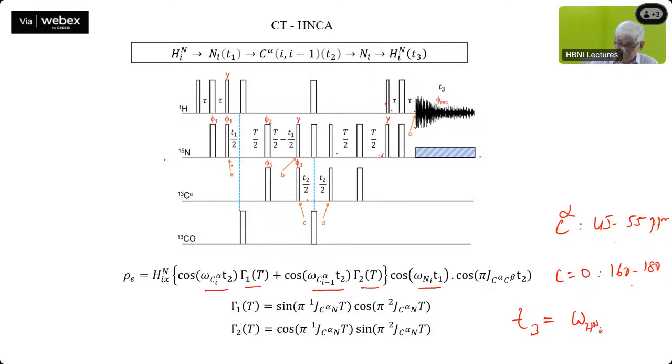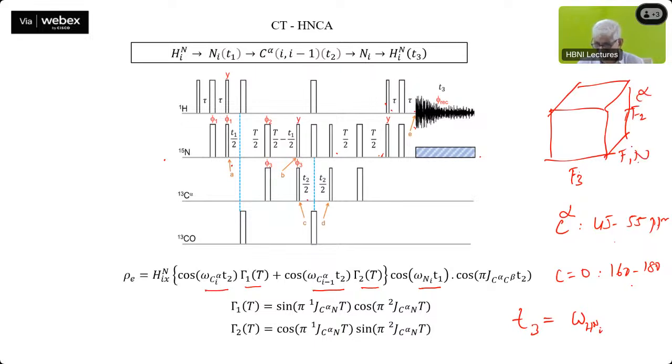All these three will appear along the three different axes in your three-dimensional experiment. If I were to draw this plane here, I probably also have a schematic over there. This is F3, this is F1, this is F2. Here I have the C alpha, here I have the N15, and here I have the HN.